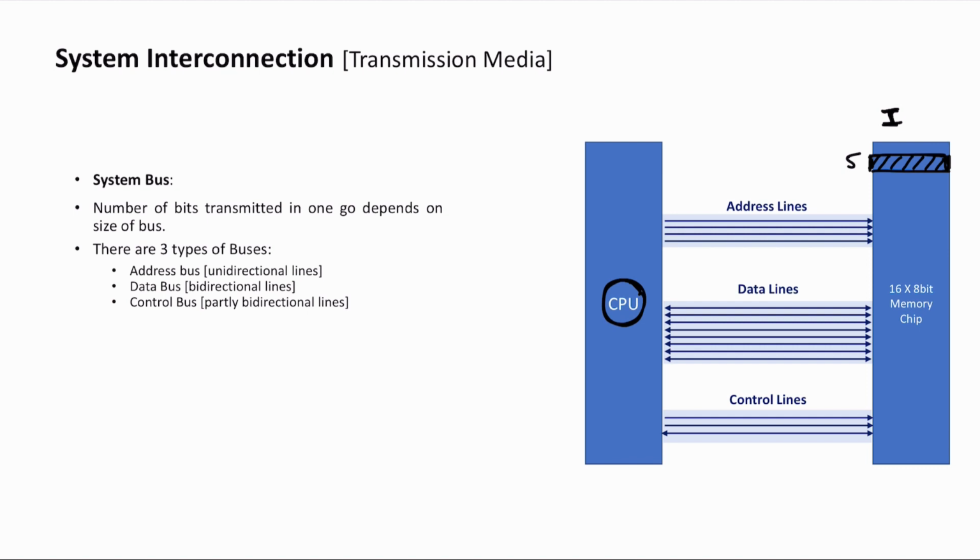What will it tell? It will tell that I want to read an instruction. CPU will say I want to read an instruction. What is the other thing it will say? It will say this instruction is present on address 5.